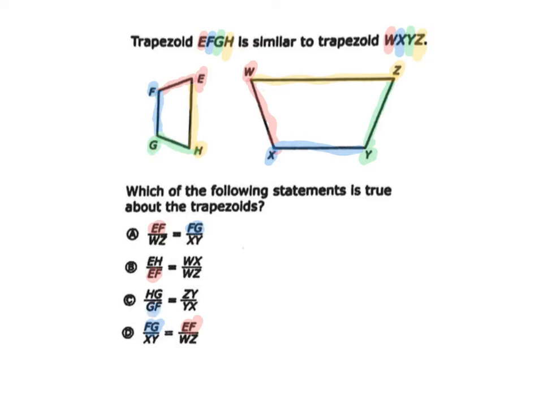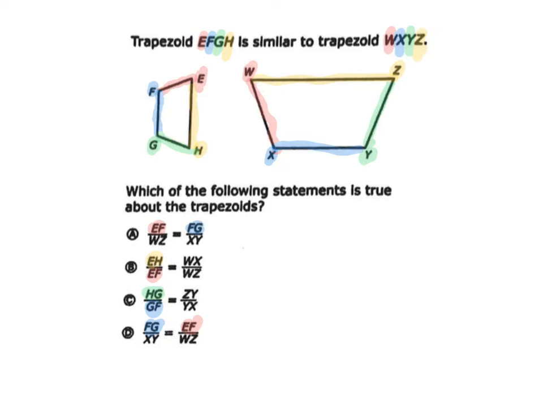So we need to pay attention to how the line segments are stated. Now we move on to the third one, GH, which is green. Or HG in this case. And the last one, HE or EH. It looks like all for the small trapezoid. So now we can do the big trapezoid.